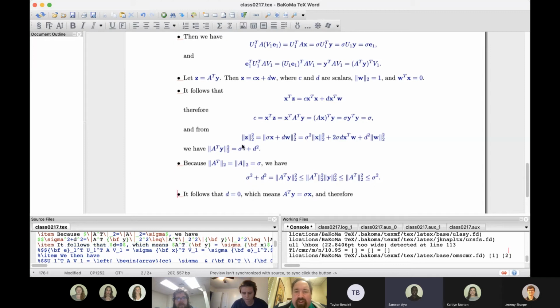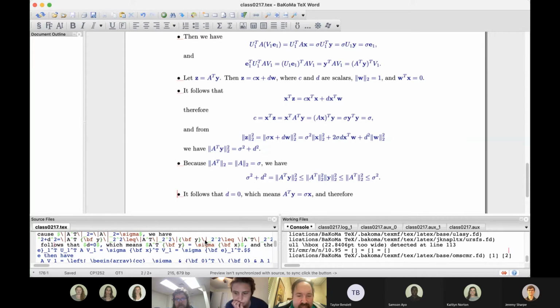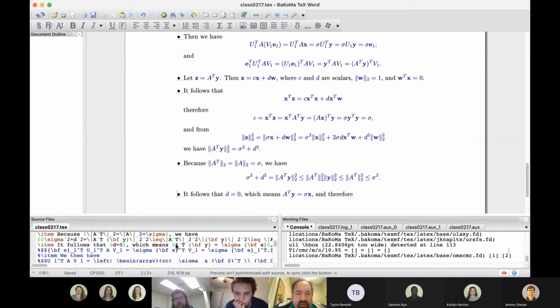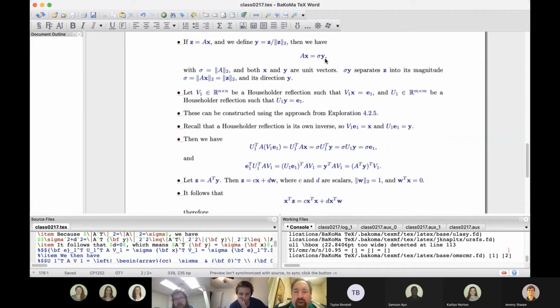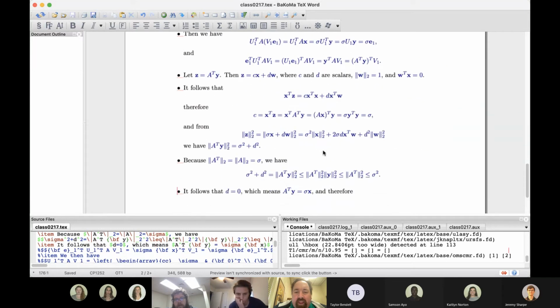Now, what I got from all of this was A transpose Y is sigma X. So now I have these two relationships: AX is sigma Y, and A transpose Y is sigma X. Now, what do I get from that?